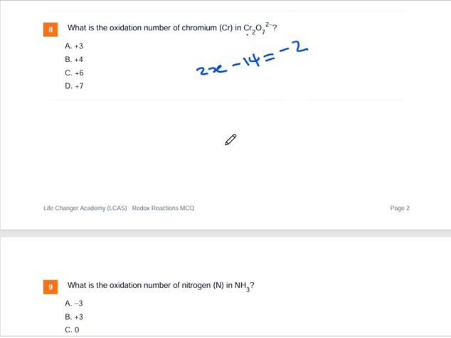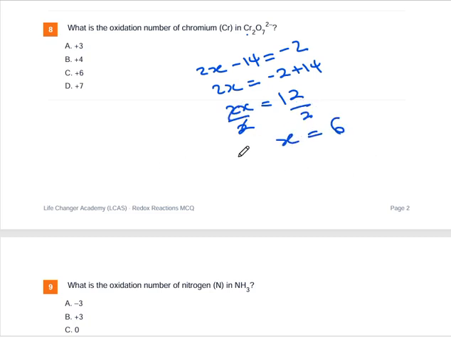So from here we can say 2X is equal to, if minus 14 crosses over, it becomes minus 2 plus 14. So 2X is equal to 12. Then we can divide both sides by 2 and we get X to be equal to 6. That's quite interesting.